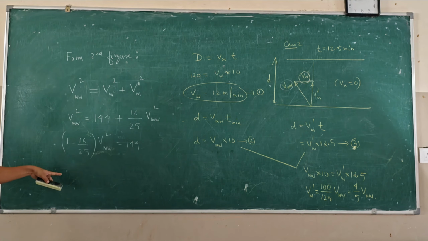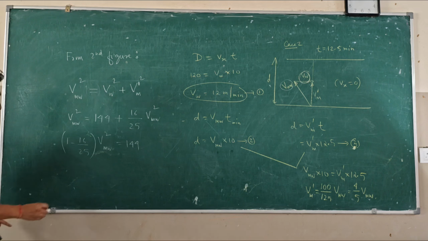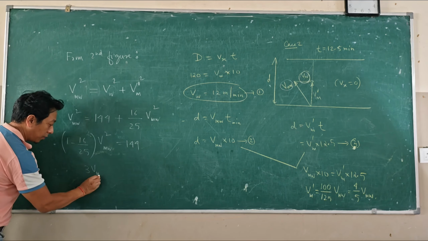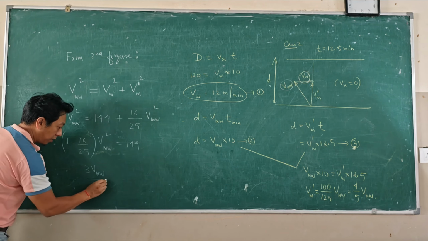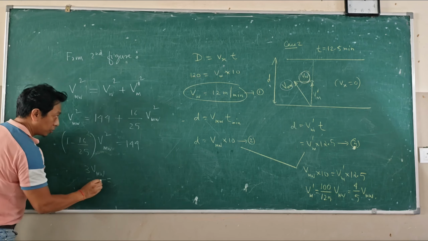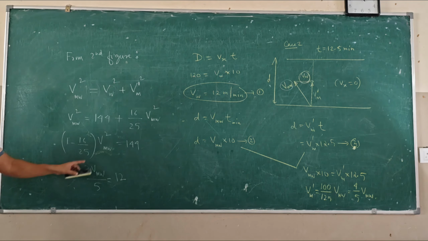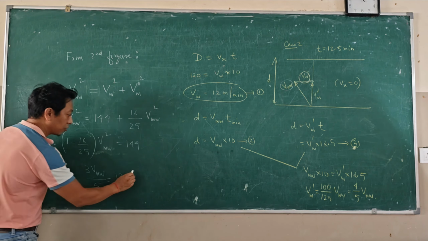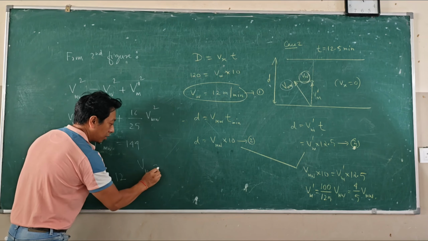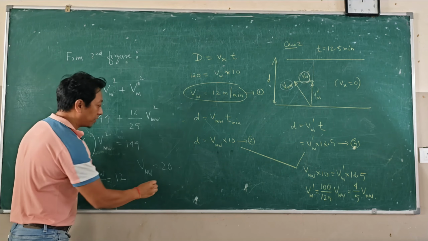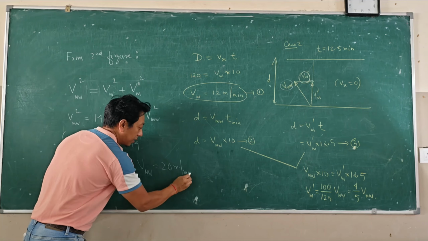This will be 9 by 25. Take the square root. 3 Vmw by 5 equals 12. 3 4s are 12, 5 4s are 20. So Vmw will be 20. The unit was kept meter per minute.